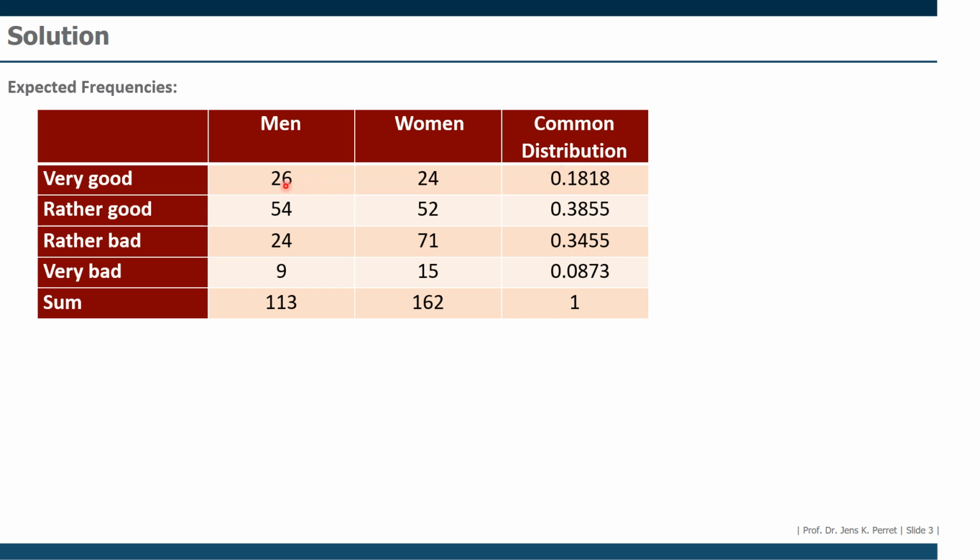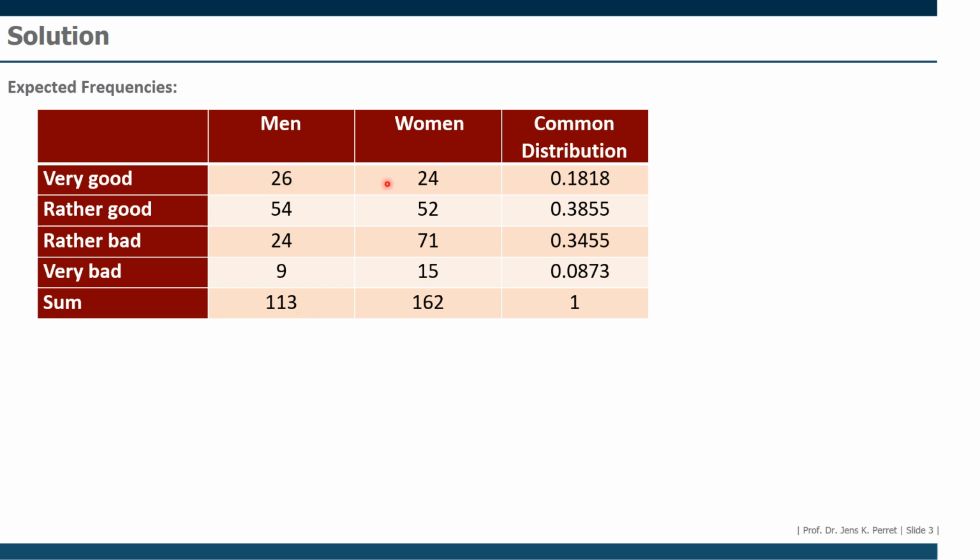Well, I'm going to add up these two numbers. So for very good, I have 26 men, 24 women. So I get 50 people in total. And I'm going to divide this by the sum of the two sums. So here I'm going to add 113 and 162, giving me 275.